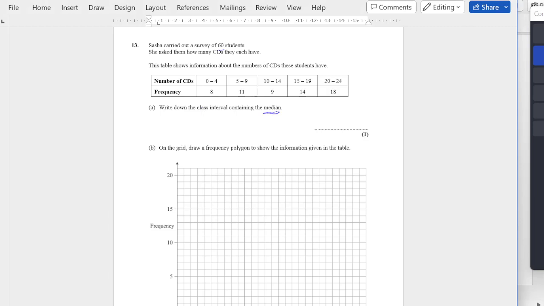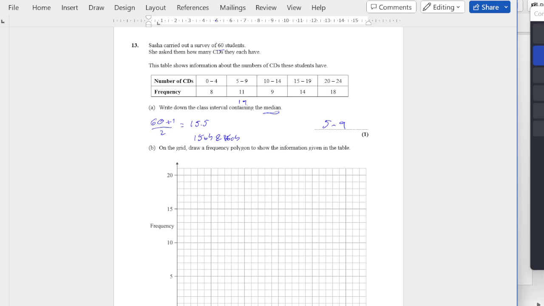Well, if we've got 60, then technically speaking, the median would be found by doing 60 plus 1 divided by 2. So that would be 15.5. So we want to find out where the 15th and the 16th values are. So the first 8 are in this, so the first 19 would happen before 9, so it's got to be 5 to 9.